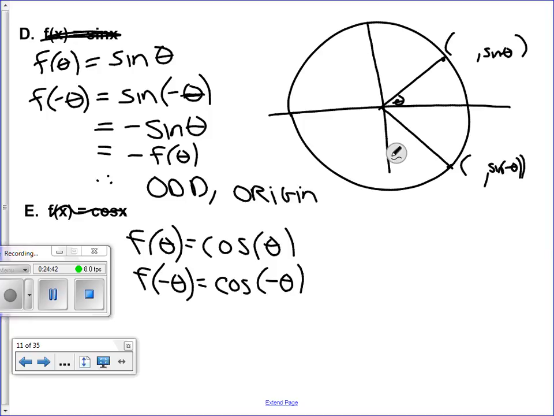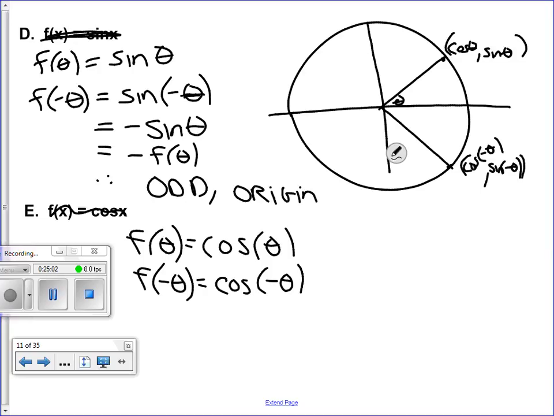What's the x coordinate up here? That's cosine of theta. And if we go the other way, we're taking the cosine of negative theta, that would be the x coordinate down here, at negative theta.